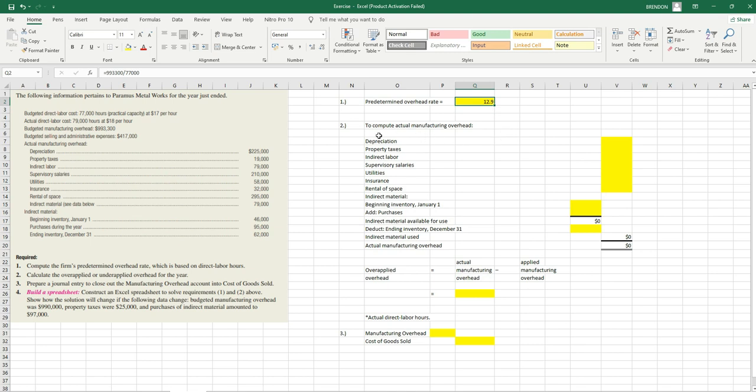Next, we will fill this up. Depreciation, the given is 225,000. We have property taxes, 19,000. Indirect labor, we have 79,000.